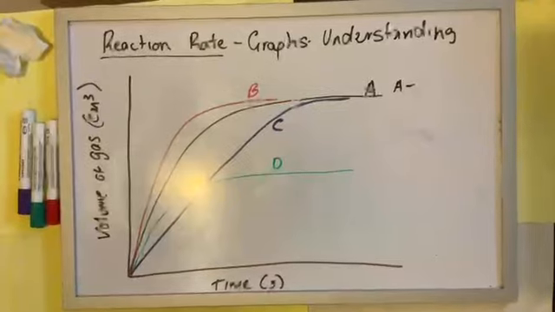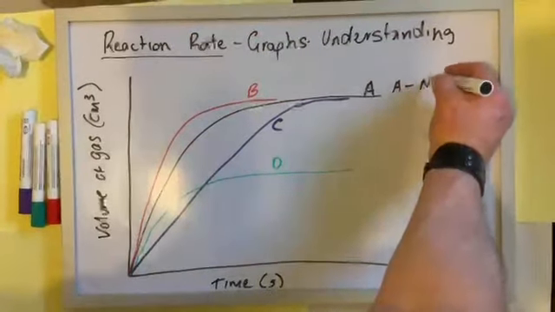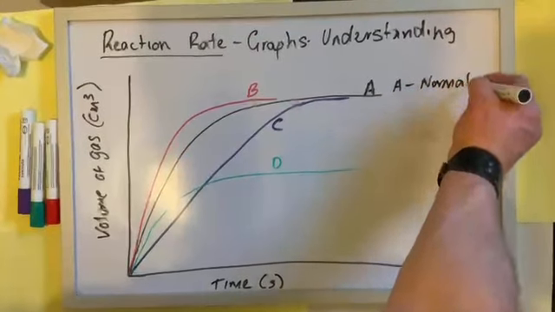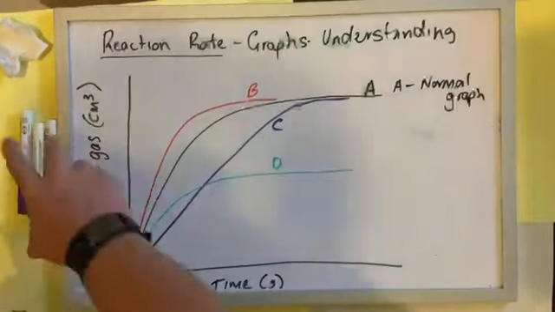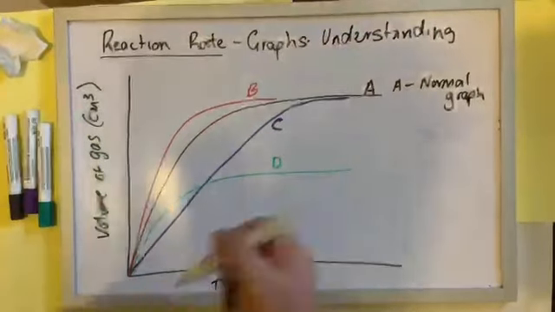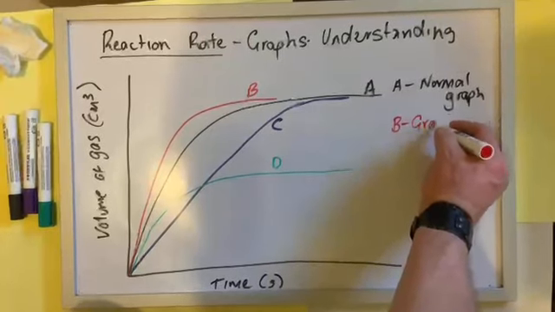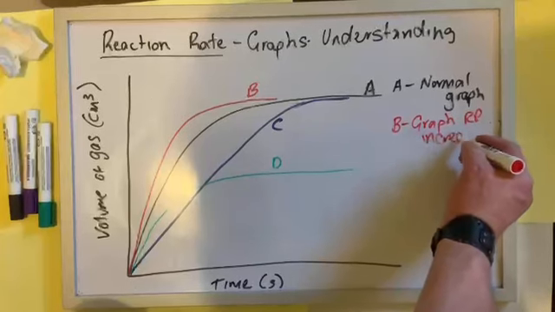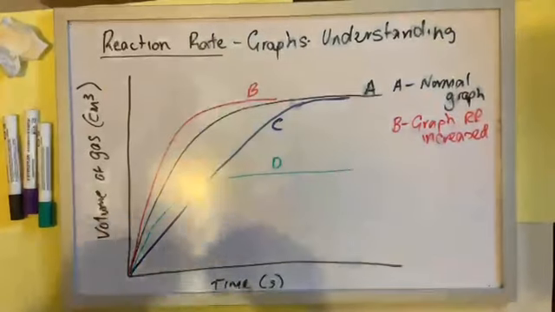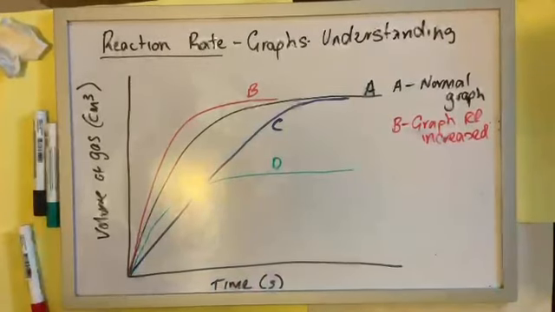The line A, the black line, indicates the normal graph. The line B, the red line, is the graph with a reaction rate increased, i.e. temperature increase, concentration increase, use of a catalyst, surface area increase.